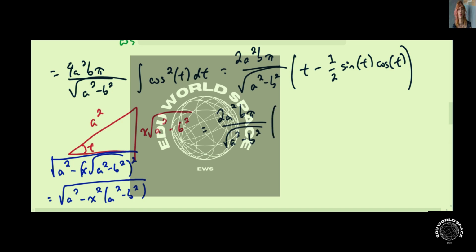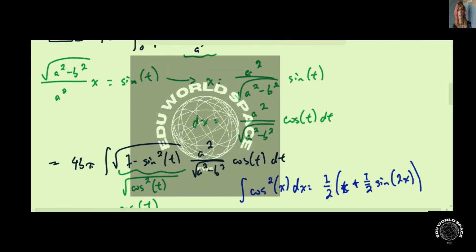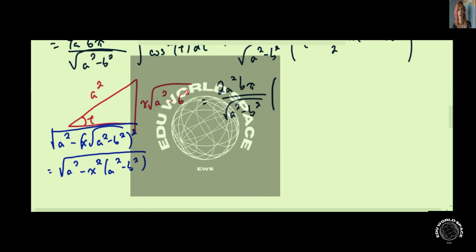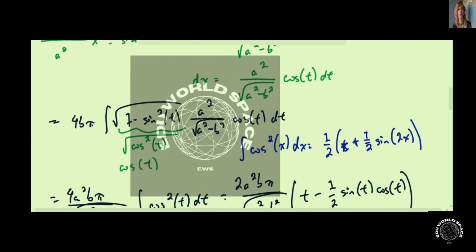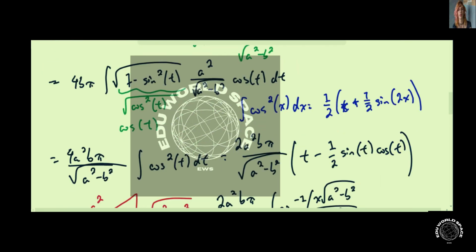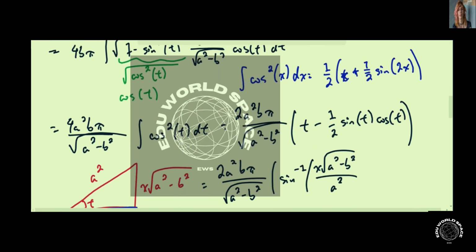And then this t here, taking the arc sine of both sides of this root a squared minus b squared times x over a squared, will give us the arc sine of x root a squared minus b squared over a squared, minus 1/2 the sine.